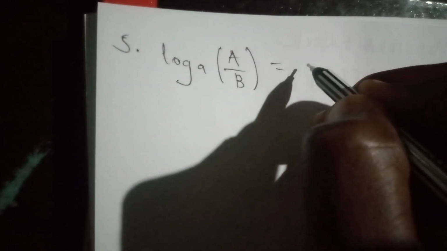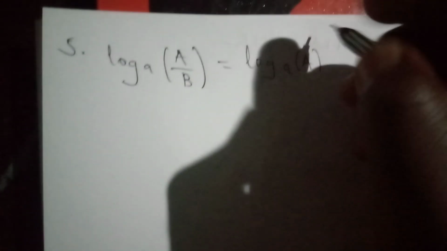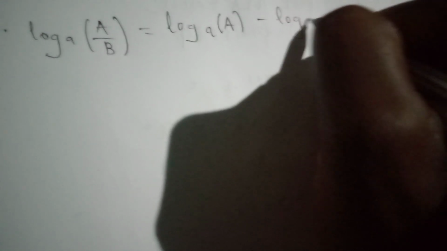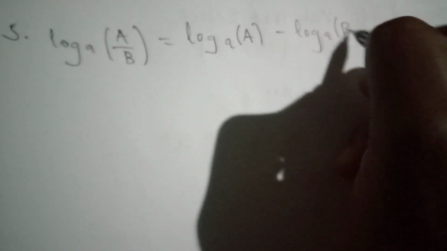They are telling us to prove log a of a over b is equals to log a of a minus log a of b.